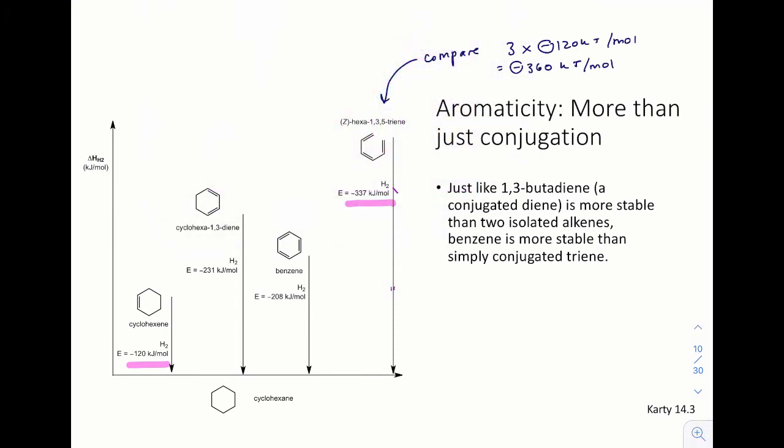So that difference in energy between what we'd expect due to 3 isolated double bonds versus what is observed, that difference in energy is 23 kilojoules per mole. And that's about what we expected, 20 kilojoules per mole. Stability that the 1,3,5-triene has due to conjugation of 3 double bonds, so of 6 p orbitals being connected.